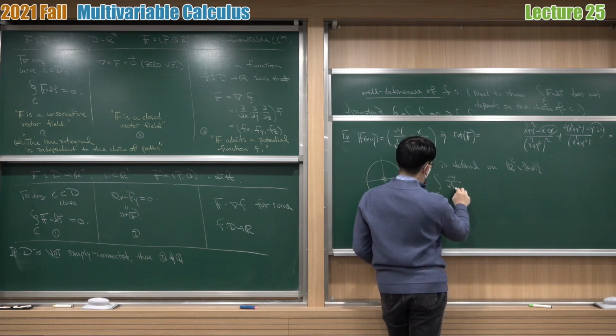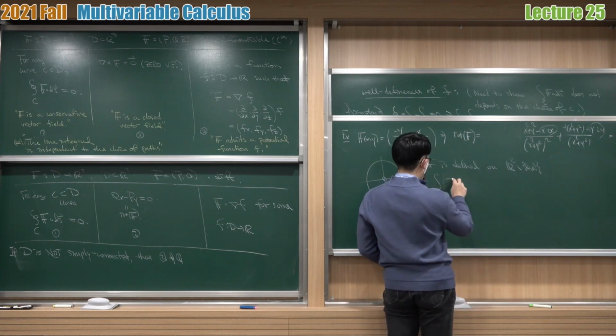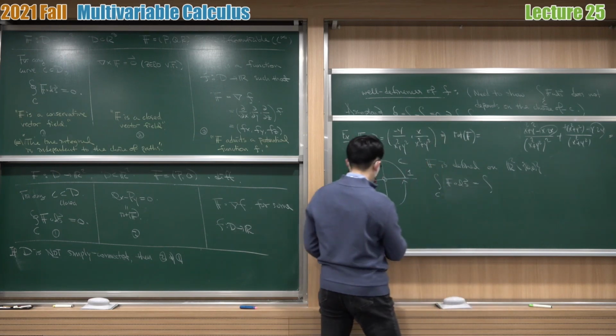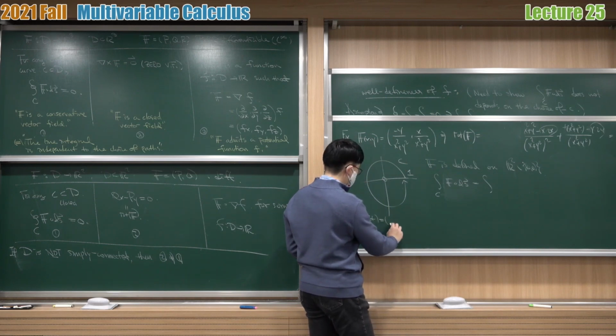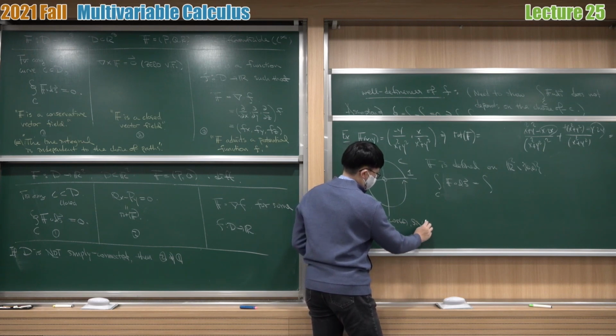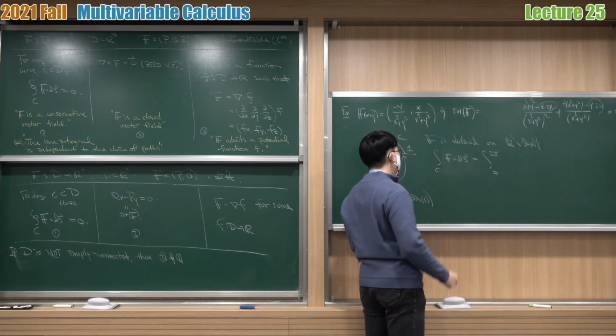The line integration of that vector field, f ds, I'm going to parameterize c(t) as (cos t, sin t), and take t from 0 to 2 pi.